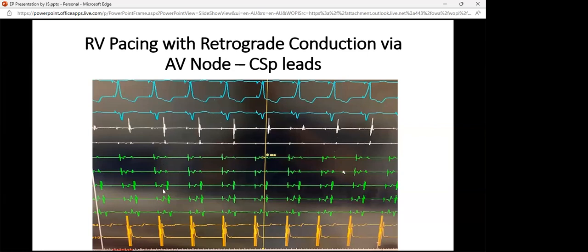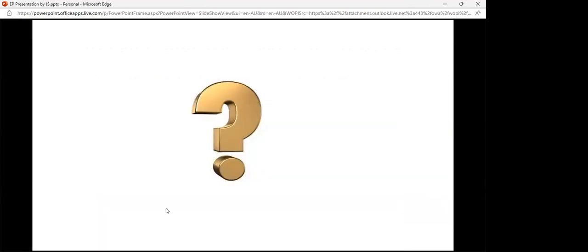CS proximal is now leading, and that told us that we now had VA conduction across the AV node and not the pathway. So we knew that by that point we had successfully ablated her pathway, and she was sent home, and she did well. And that's the end of that, guys.